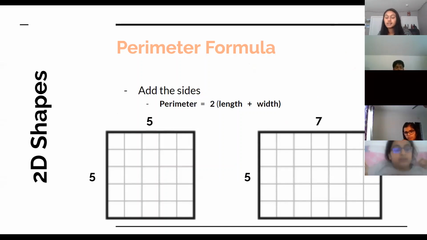So some types of units are inches, you have feet, you have meters, you have centimeters, and that's only for area and perimeter. And there's a lot more than what I'm saying, but these are some common examples. And then for volume, which is something we'll get to next, which is for 3D shapes, you have another type of unit.